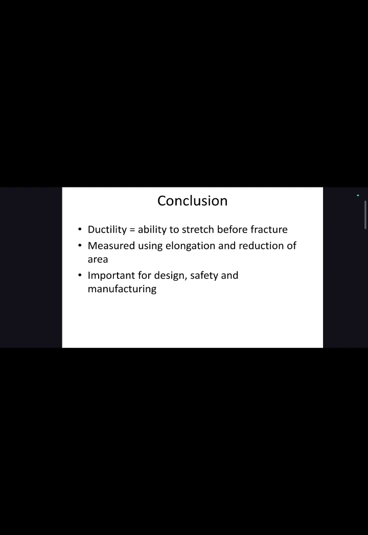Reduction of area is often more reliable because it is independent of gauge length. We can also calculate elongation near a fracture using reduction of area, and uniform elongation tells us how much a material stretches before necking begins. Understanding ductility helps engineers choose safe and suitable materials for real world applications.